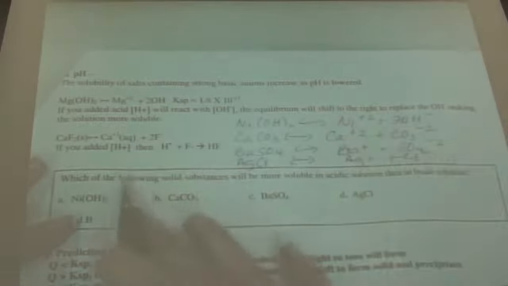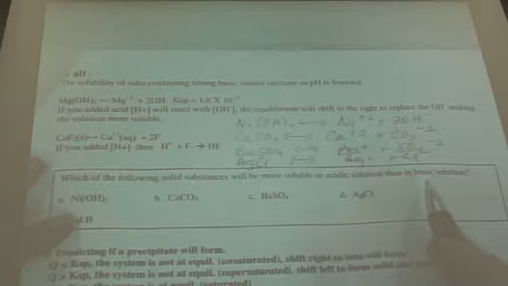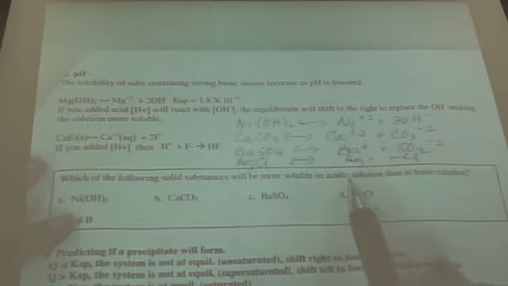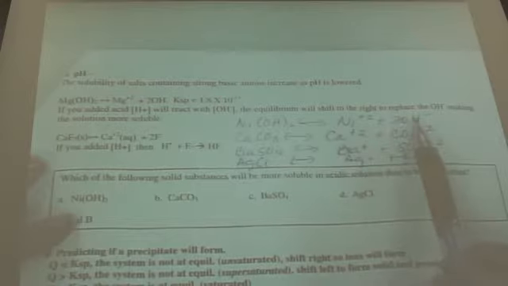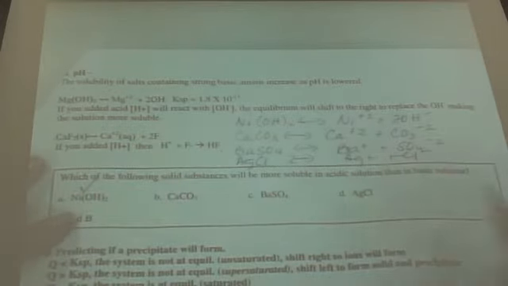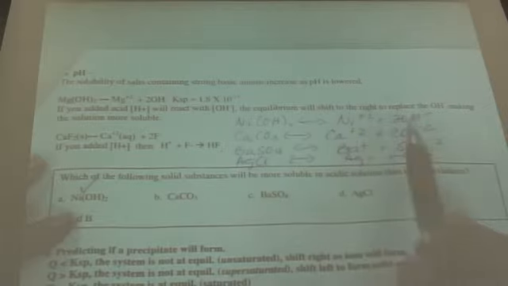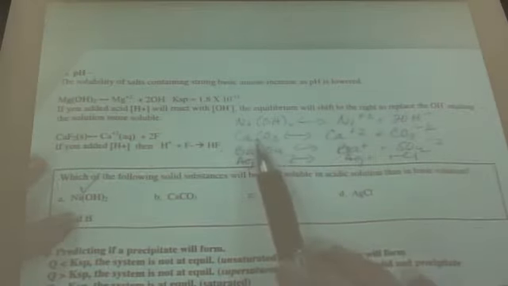All right, which of the following substances will be more soluble in an acidic solution than in a basic solution? Okay, if you add an acidic proton here, it's going to react with the water, forcing equilibrium to the right. So this would be the correct answer. If you added a base to this, it's going to shift to the left. Calcium carbonate.